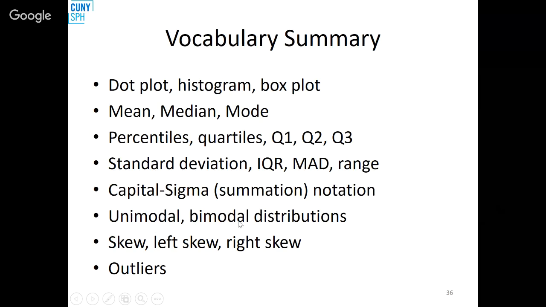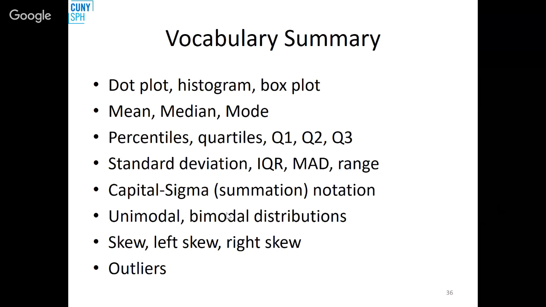We covered unimodal and bimodal distributions, which at this point are a bit subjective to identify. If I ask you about these on an exam or something, I'll make it pretty clear. If it's something where the counts are very small and you see a little blip, that doesn't count as a bimodal distribution. But if you see large counts and clear modes, that's a bimodal distribution.